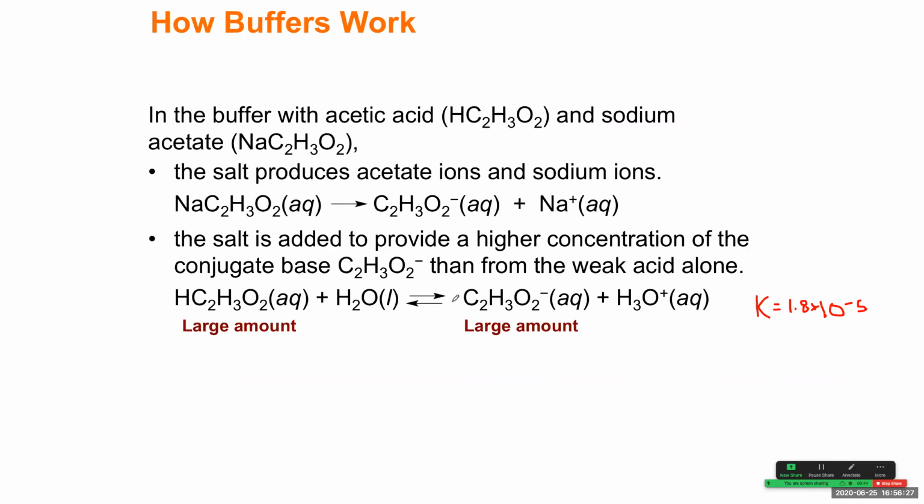You have to have a conjugate base in there to soak up any added acid. Remember, buffers are designed to prevent the change in pH when either an acid or a base is added. So the acid, in this case, is acetic acid in this buffer, and the conjugate base is acetate ion.